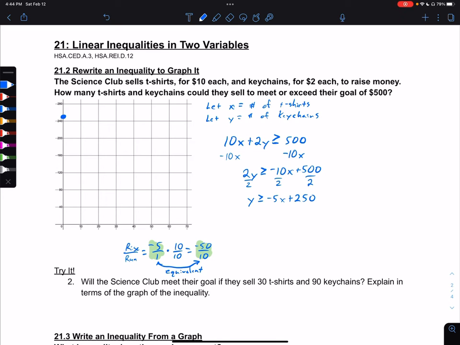So now for my rise, I'm going to do negative 50, which is pretty convenient because I was at 250, and if I drop 50 places, I go to 200. And then I'm going to run 10, which will bring me from 0 to 10. So I'd have a point right here, which falls perfectly on my grid, which is rather convenient for this problem.